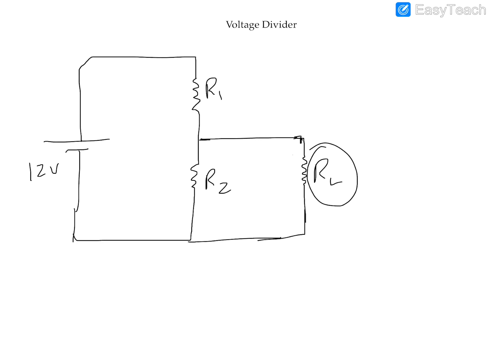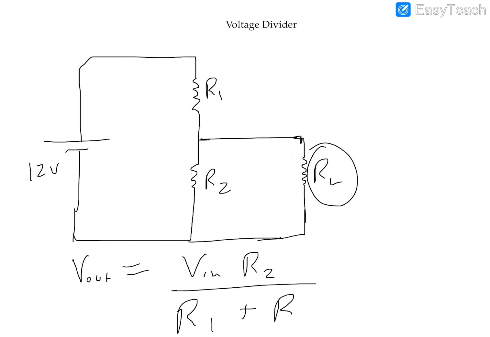How that changes things is very simple. You have your expression: Vout is the supply voltage times R2 divided by R1 plus R2. That's the total resistance, not considering the load resistance RL. If you do consider RL, you just replace R2 with R2 parallel RL.